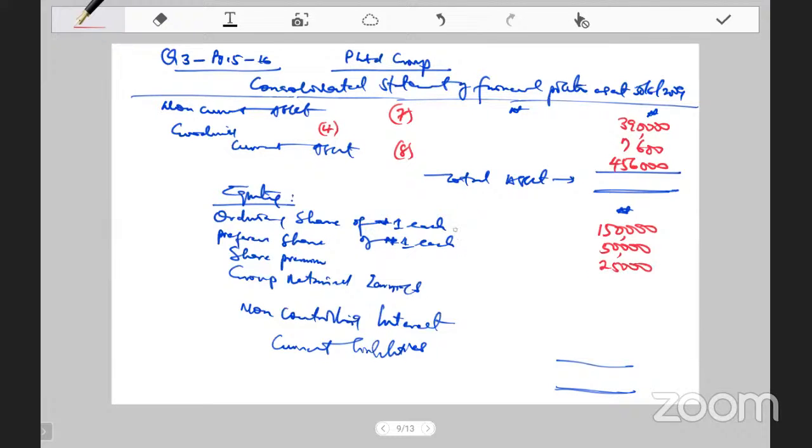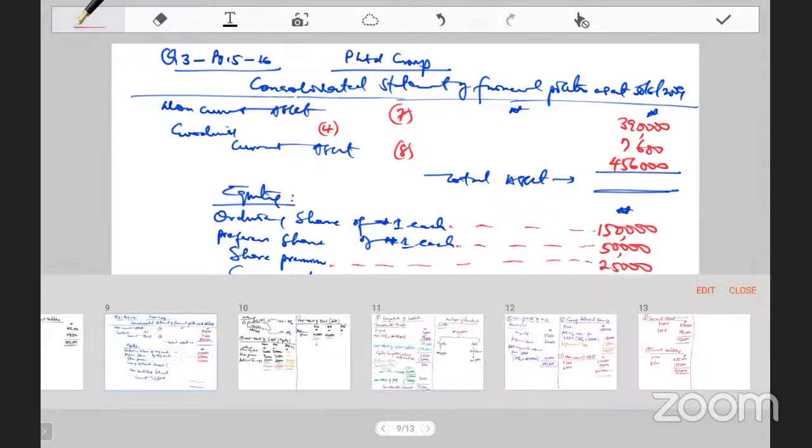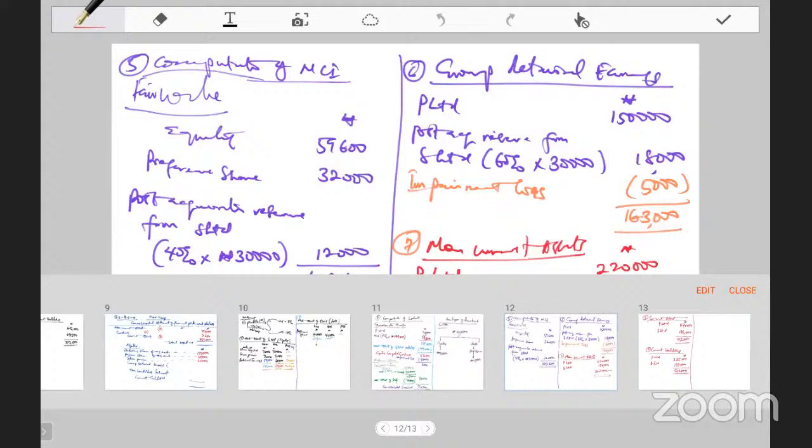For my group retained earnings, that is note 6, and it is 163,000.